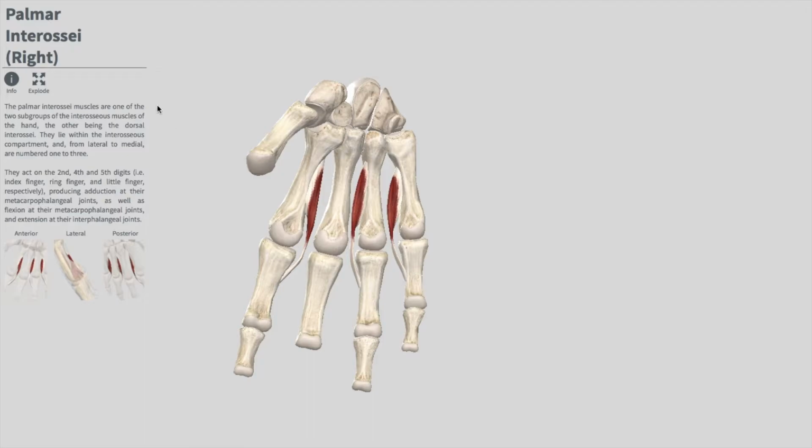The function of this muscle is to adduct the digits, pulling the 2nd, 4th, and 5th fingers to the 3rd one, pulling all these fingers toward the 3rd finger.